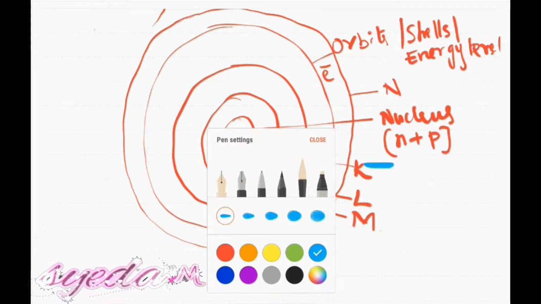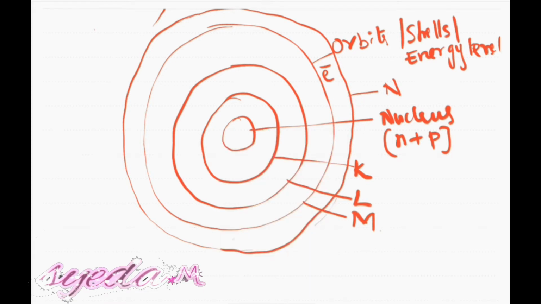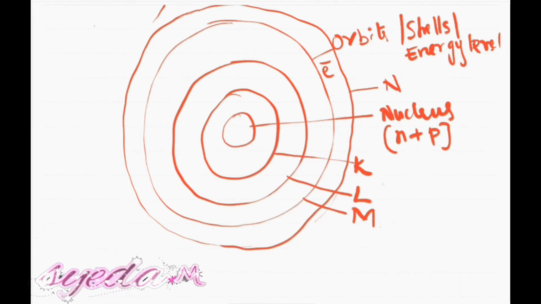Out of these orbits, which is the outermost shell here? This is the first shell, second shell, third shell and fourth shell. Now out of these four shells, the last shell we call outermost, right? The shell which is present at the exterior or outermost surface, we call this the outer shell.